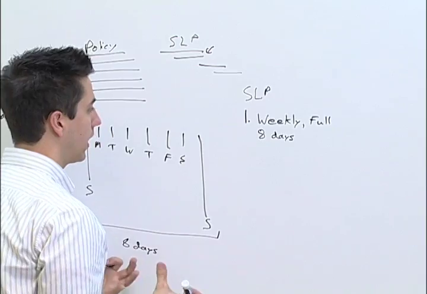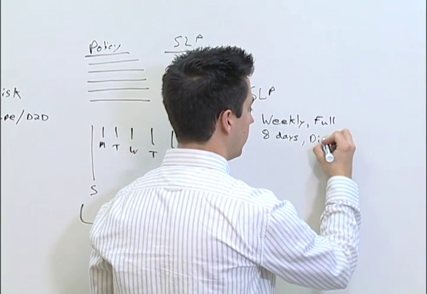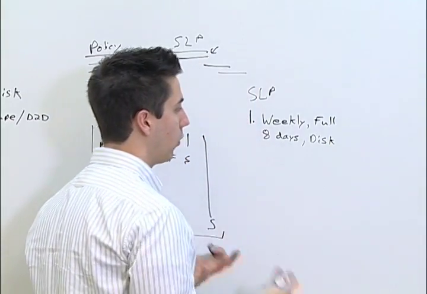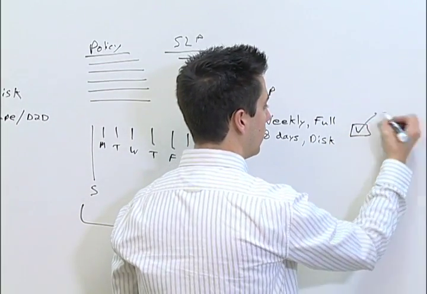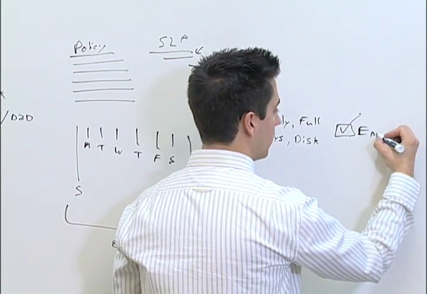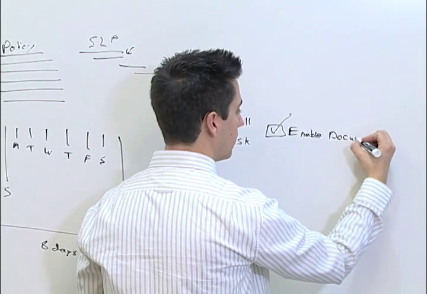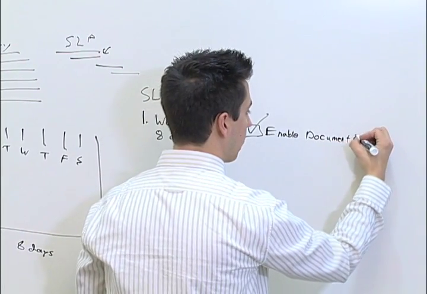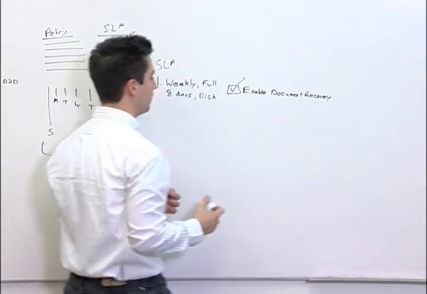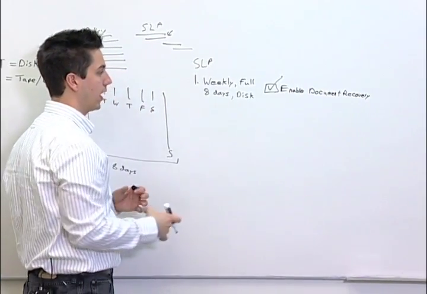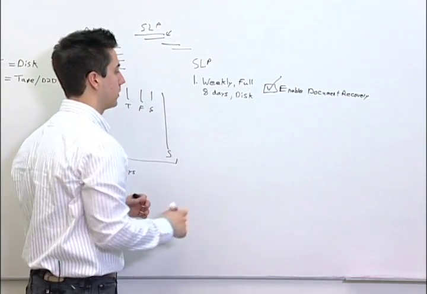And if you want to utilize that granular recovery technology, you're going to have to send this to disk. And the way you enable this within the policy is there is a checkbox that is labeled with the text Enable Document Recovery. So if you hit that checkbox right within the policy and you set up this schedule, you'll have your weekly fulls that let you do document or granular recovery.